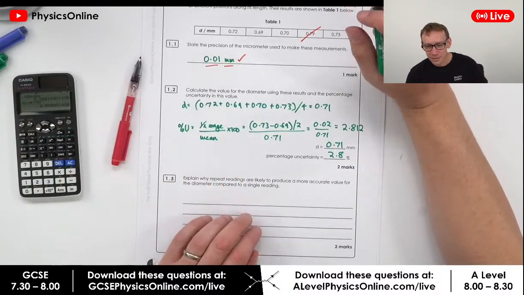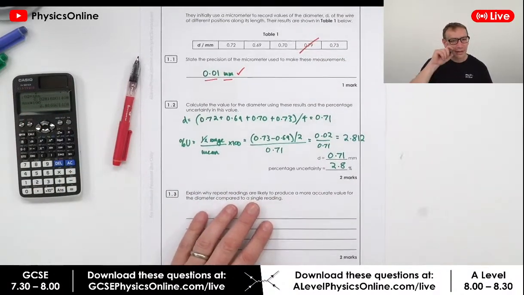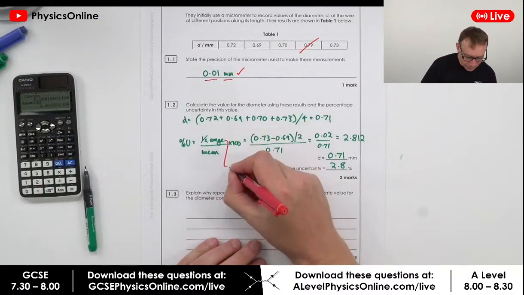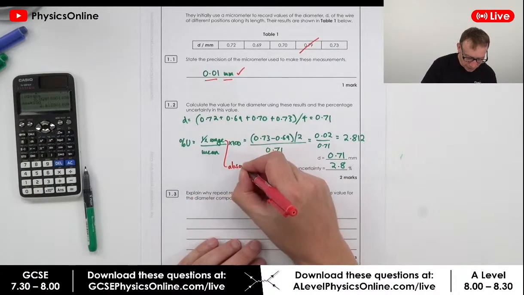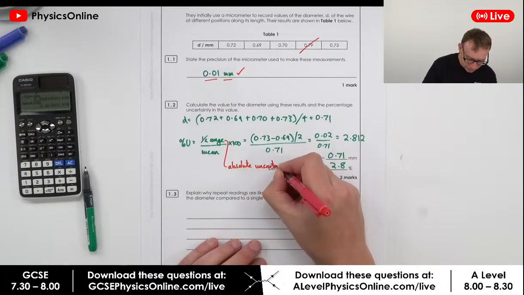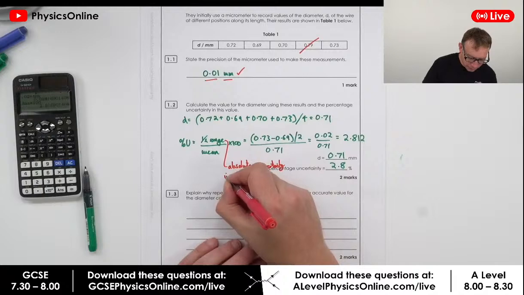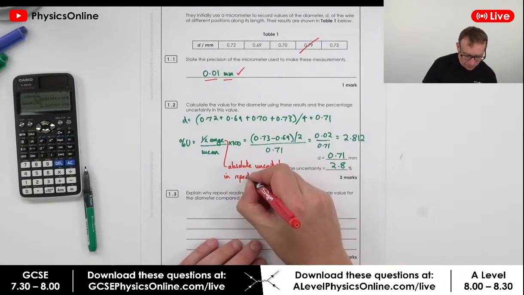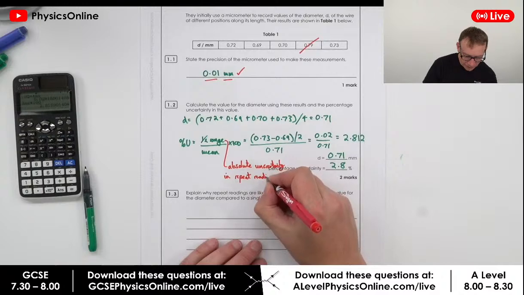So the range over 2. Basically, half the range is equal to the absolute uncertainty in repeat readings, or if you have multiple values.